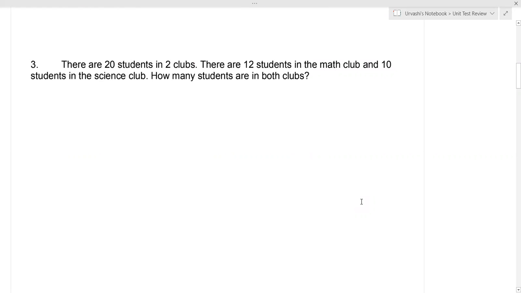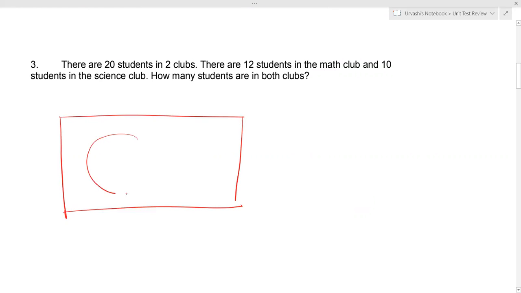So what I did is I drew a Venn diagram, and then I put a 10 and 8, because if I put a 12 and 10, there would be two more than there was supposed to be in the 2 clubs.